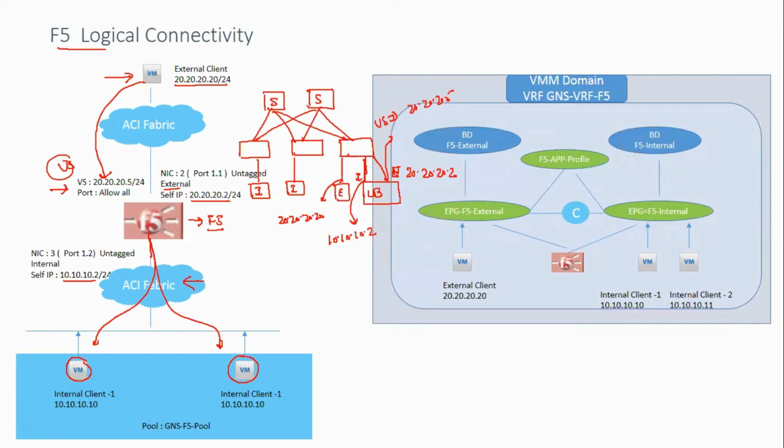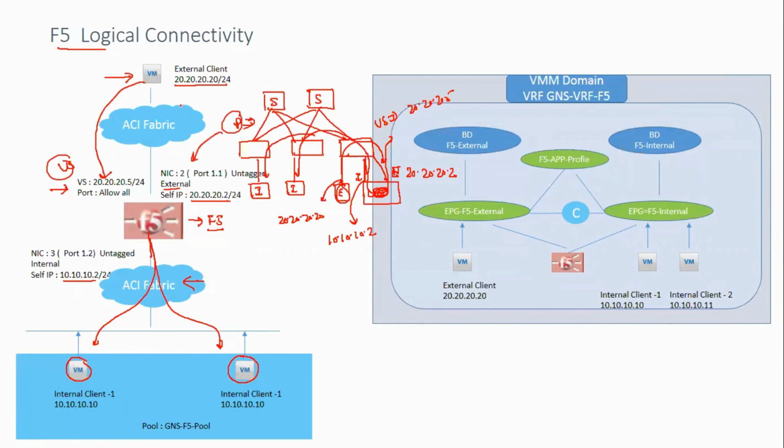So once your external user hits traffic to this virtual server, your virtual server will use the load balancing algorithm, and from the internal interface, it will send traffic to any one of the internal users. So this is your physical connectivity, and this is your logical connectivity.